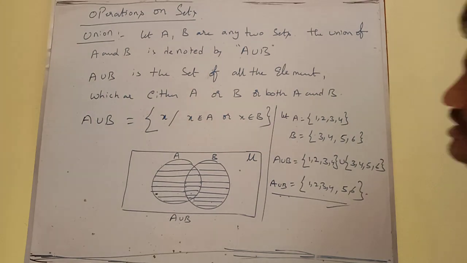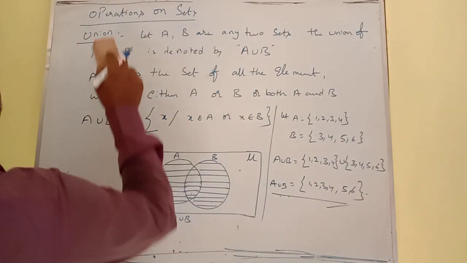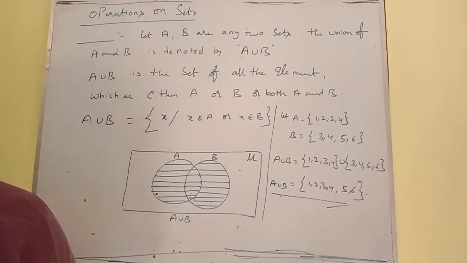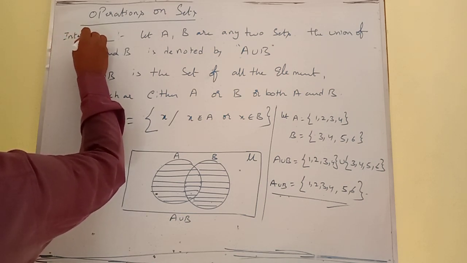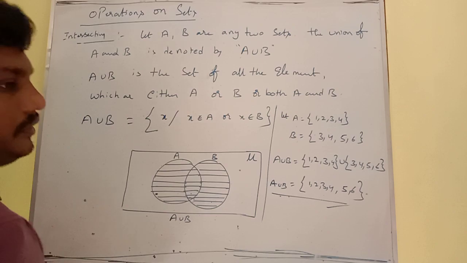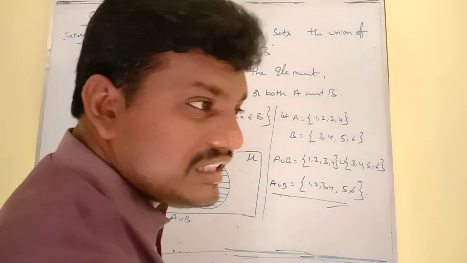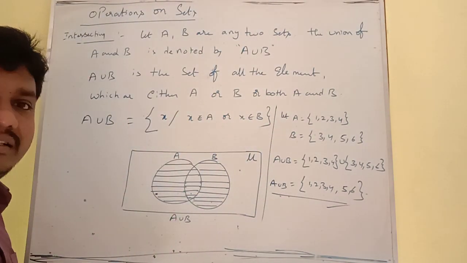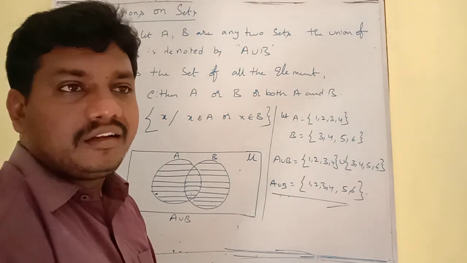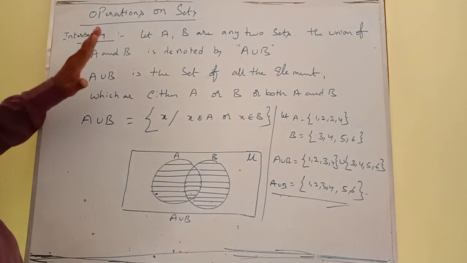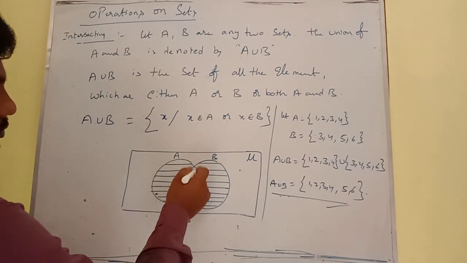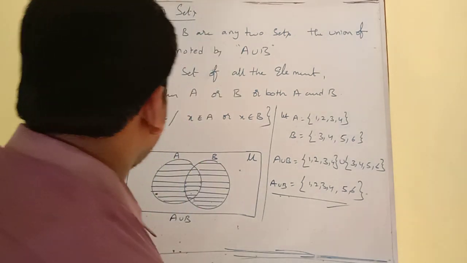Now coming to intersection. The name itself tells it: sectioning means dividing, so intersectioning means interfering, where the sets are interfering.